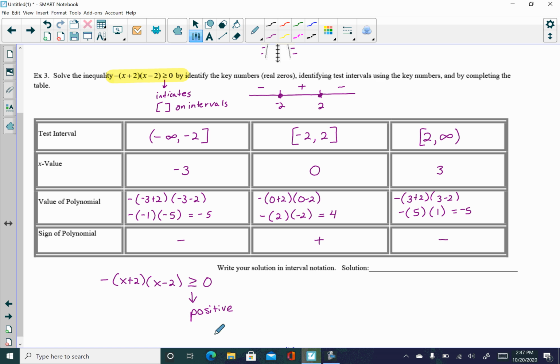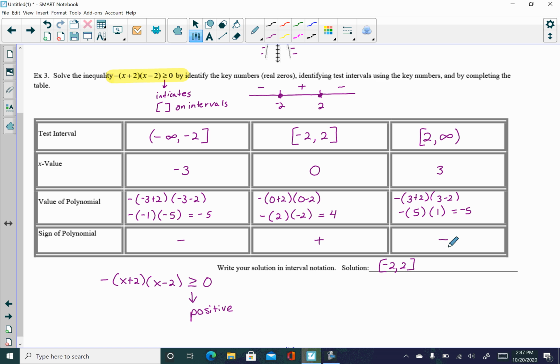Picking my positive interval, that only happened one time, and so that would be from -2 to +2, bracket on both. That's your final answer. If this had been less than, I would be choosing the negative intervals, the one on the far left and the one on the far right with a union in between. I'm going to let you try example 4 on your own.